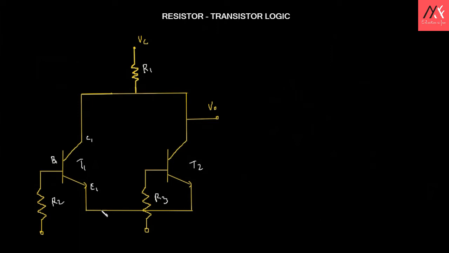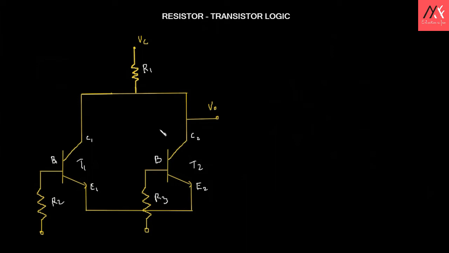The emitter E1 is shorted with the emitter of transistor T2, which we call E2. This is the collector of transistor T2, and this is its base. Since the circuit consists only of transistors and resistors, we call it resistor transistor logic.